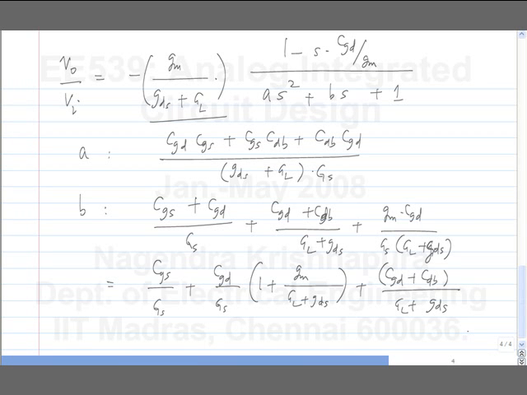So where are the poles of the system? I said if we assume well separated poles, we can approximate the poles to be minus 1 by B and minus B by A.